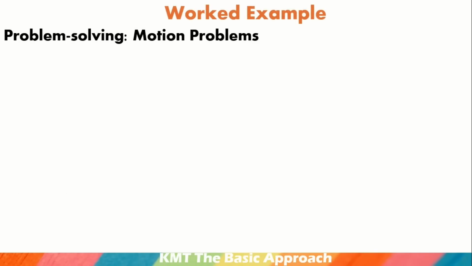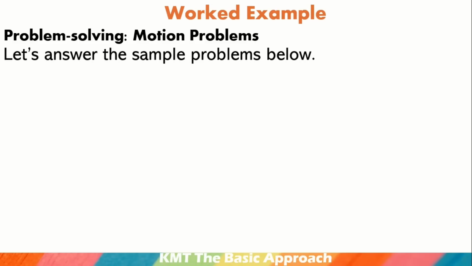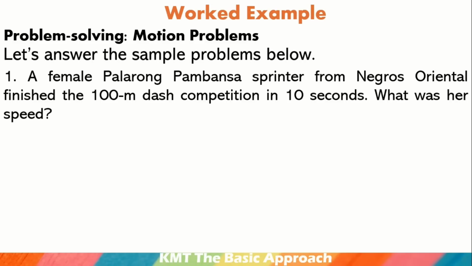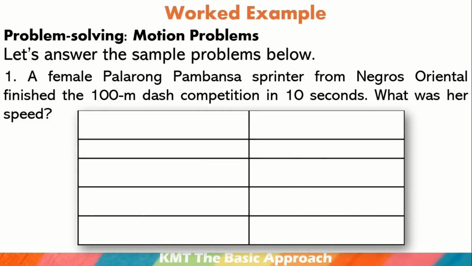Problem solving. Motion problems. Let's answer the sample problems below. Number 1. A female palarong pambansa sprinter from Negros Oriental finished the 100-meter dash competition in 10 seconds. What was her speed? This is how we are going to answer the problem.